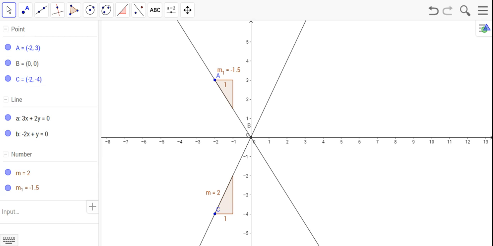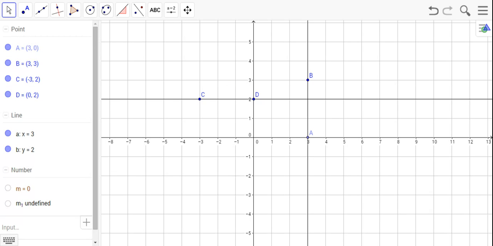Okay, the next concept I want to discuss is also about slopes. And this is a discussion of zero slopes and undefined slopes. Now we know that slope is rise over run. And here we have two vertical lines.